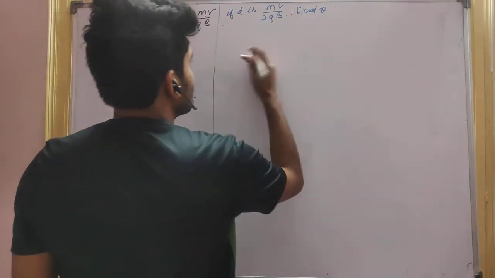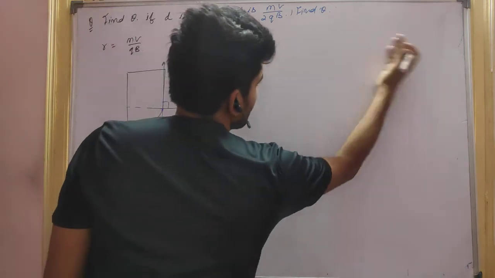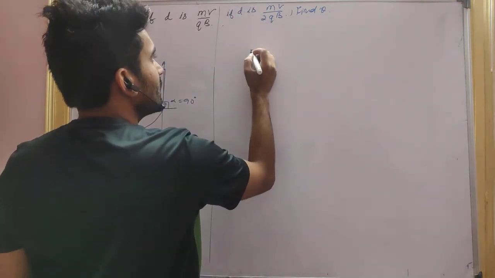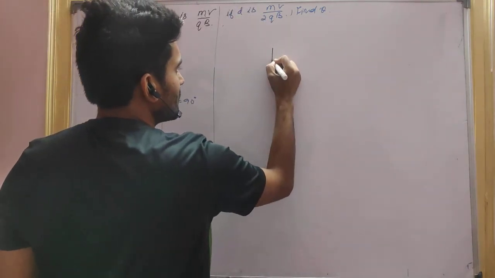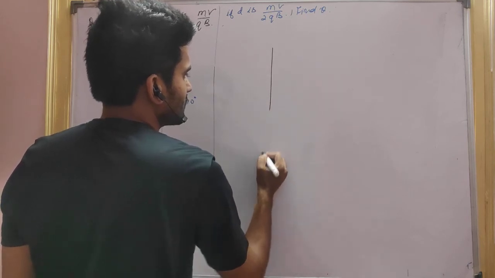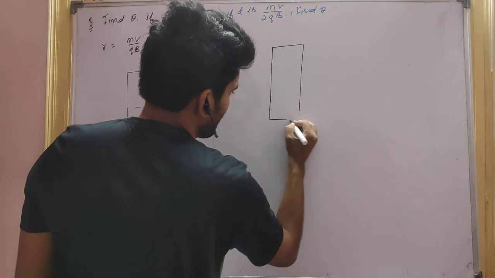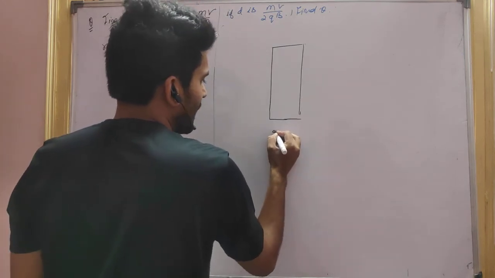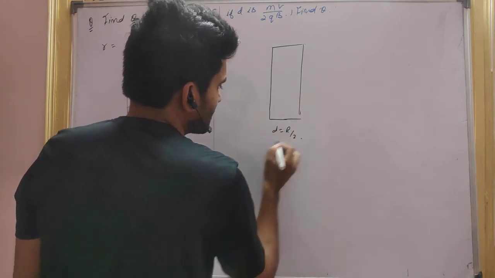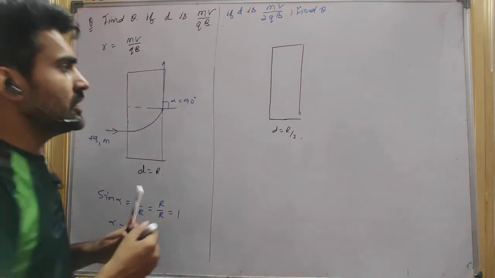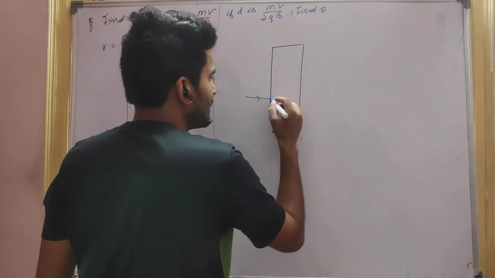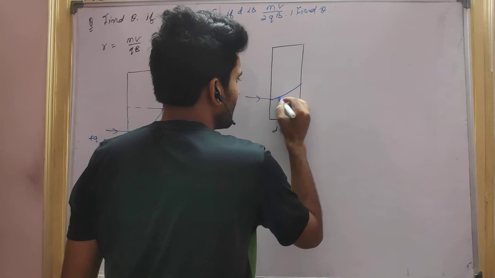Now here the d is r by 2. It wants to create the circle, but it will not be able to create the circle, right?